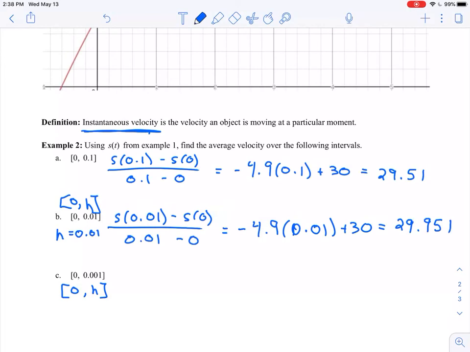And again, I'm just plugging that into that formula we found in part C. So negative 4.9 times 0.001 plus 30 here, and in this case I should end up with 29.9951 I believe. My calculator actually just cut it off. It only rounded to 3 decimals, but my guess is there's a 1 there at the end.